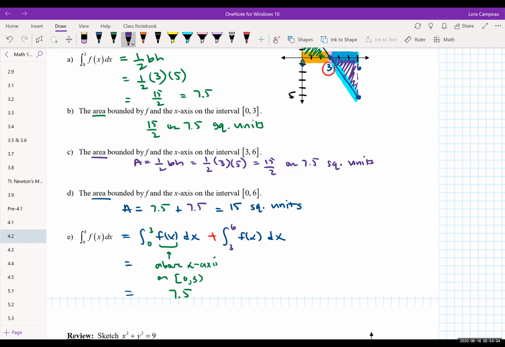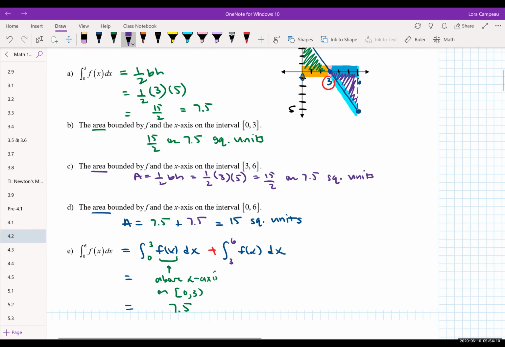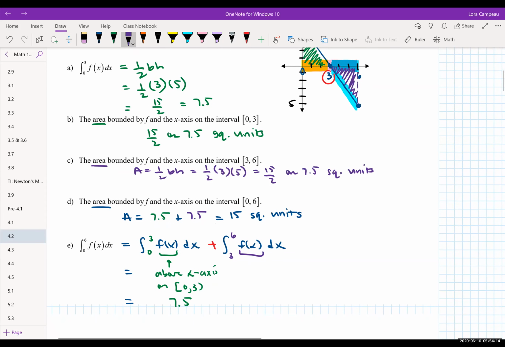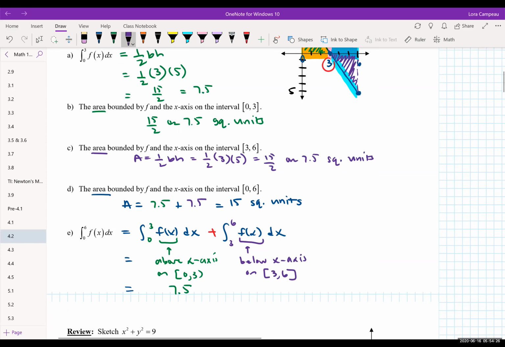But if you look at the integral from 3 to 6, f of x right here is below the x-axis on the interval 3 to 6.